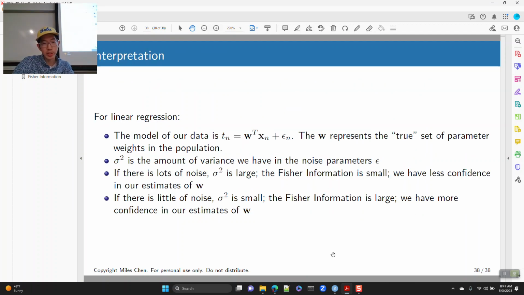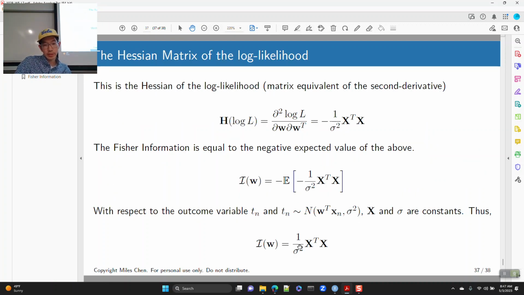What does this mean? The model of our data is that the actual values are centered around W transpose X of n plus some epsilon. Sigma squared is the amount of variance that we have in this noise parameter epsilon. If the actual value is this line, how much scatter do we have around that?